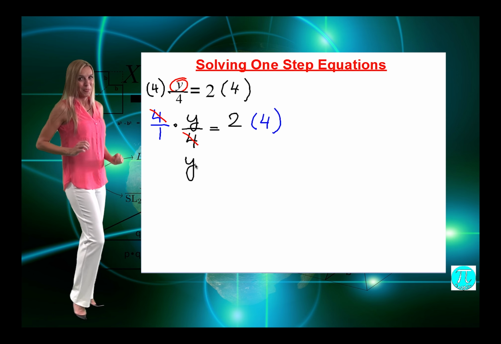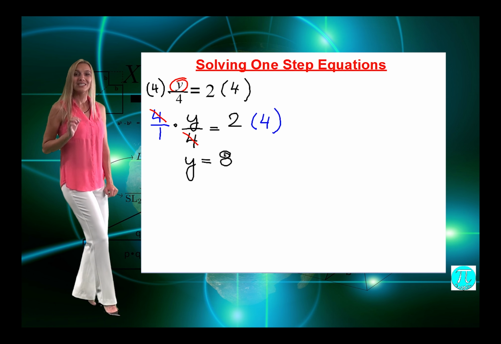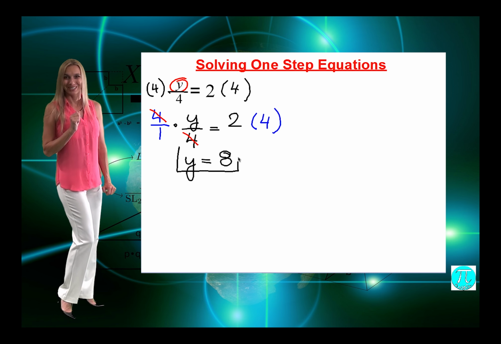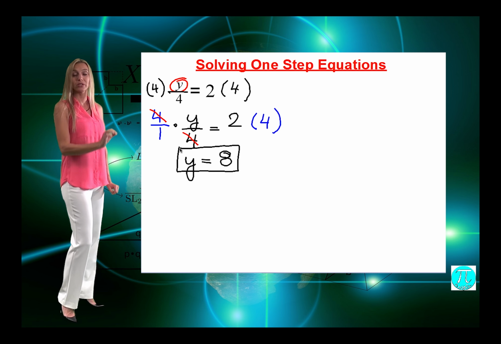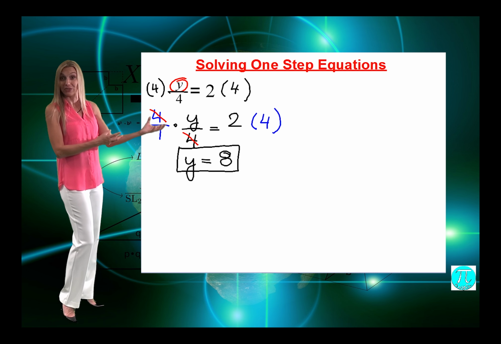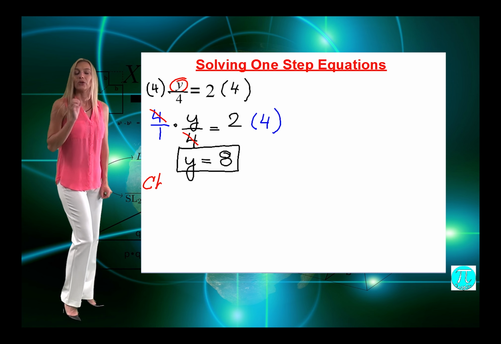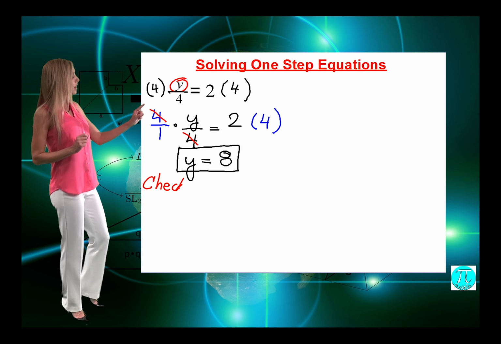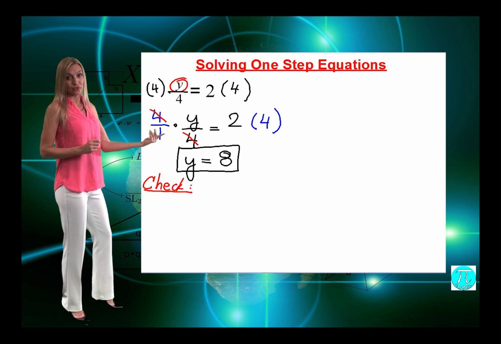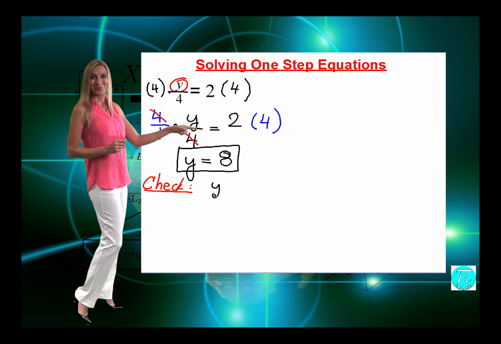Now, let's make sure that we are correct and let's do our little check. Let's rewrite the original equation and we will substitute in the y that equals 8, right? Everywhere I see y, I will put in 8. The original equation says y divided by 4, or y over 4, equals 2.